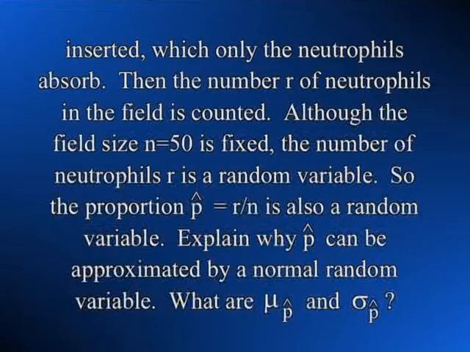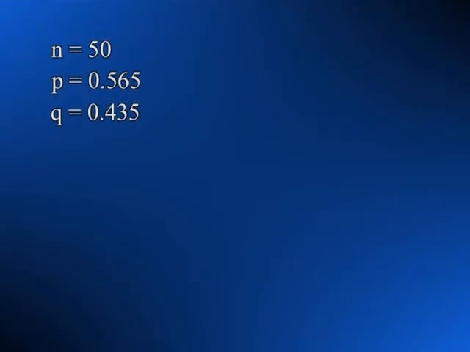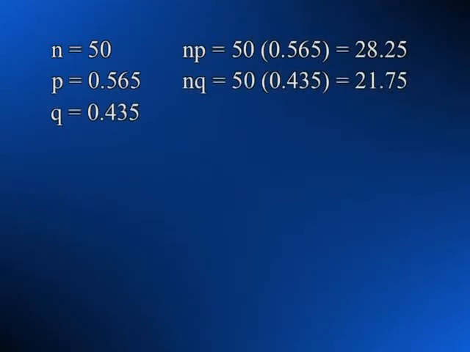We've looked at this situation before, and it has to do with the values of np and nq. In our problem, n is 50, p is 0.565, and q is 1 minus p, or 0.435. So we can easily calculate np and nq and see that they're both greater than 5.